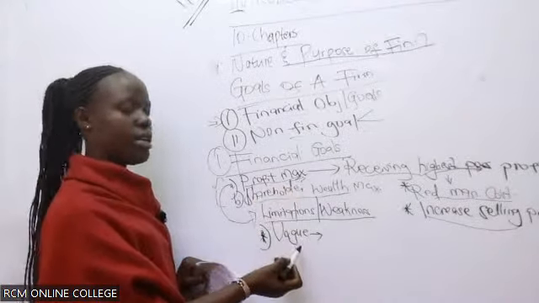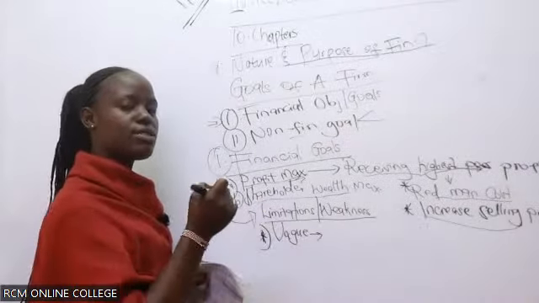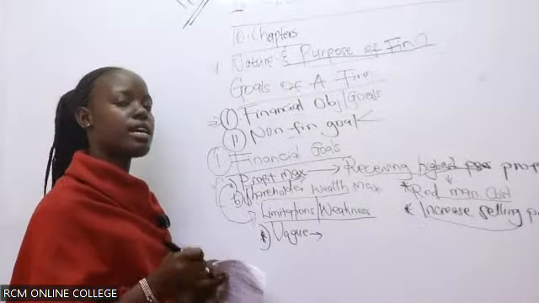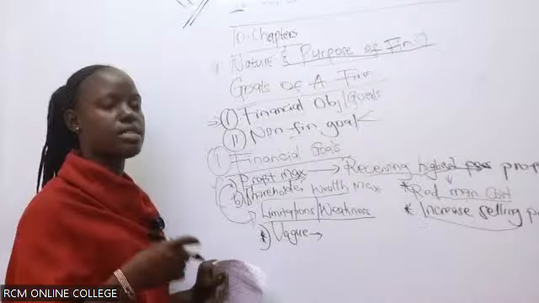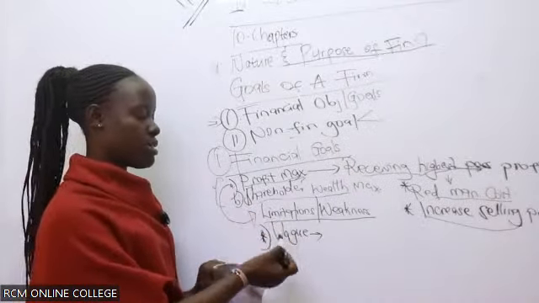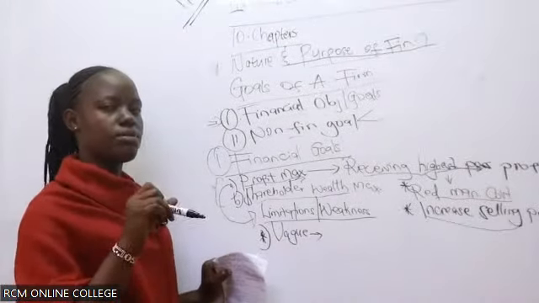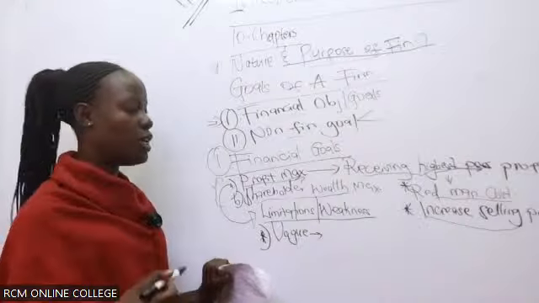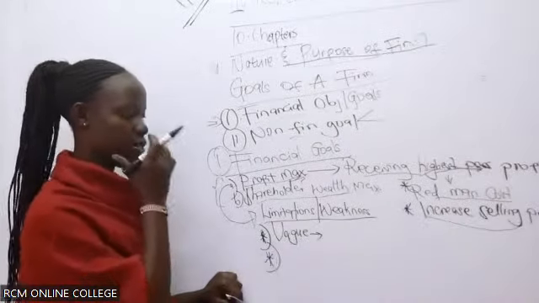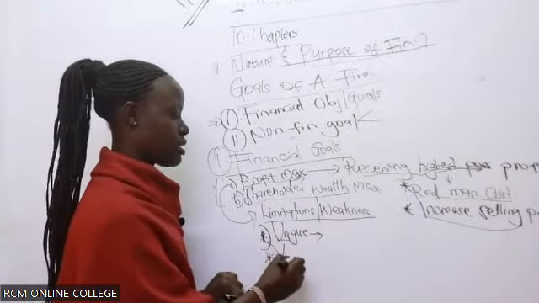That's why it's a vague financial goal, because it does not specify the nature of the profit, whether it's before tax or after tax. Another limitation of profit maximization is that it ignores risks.